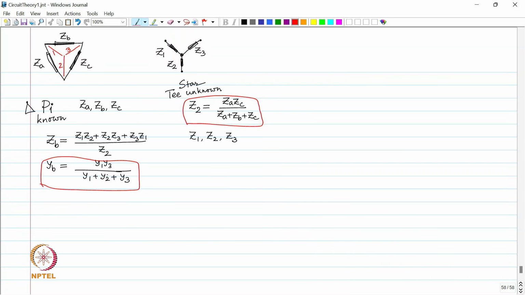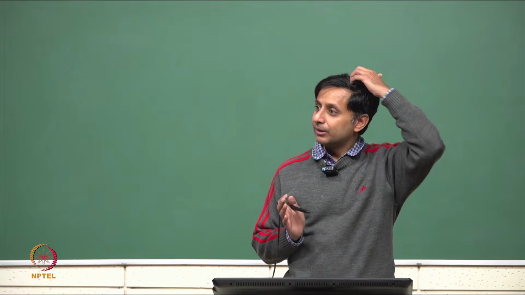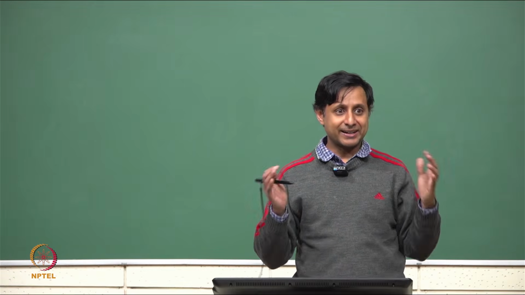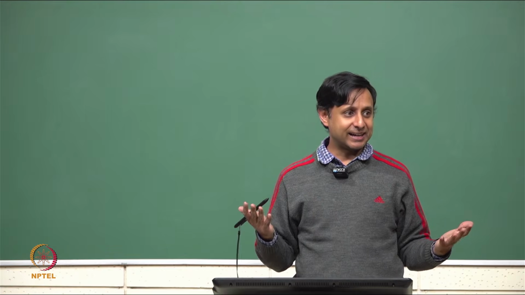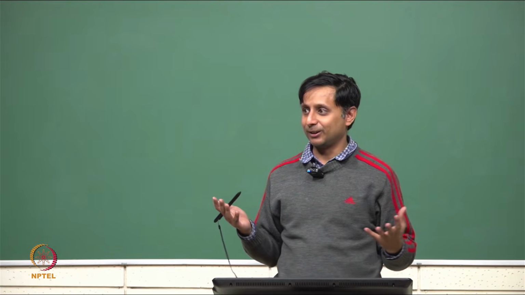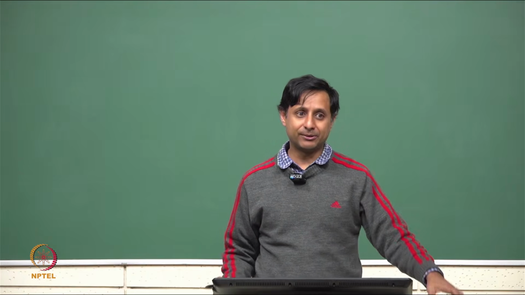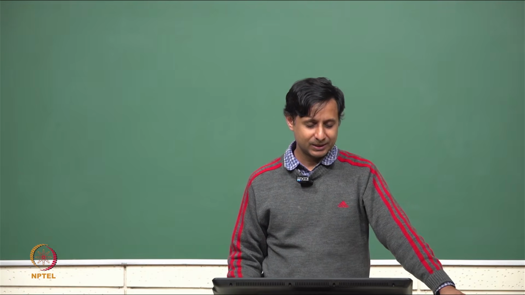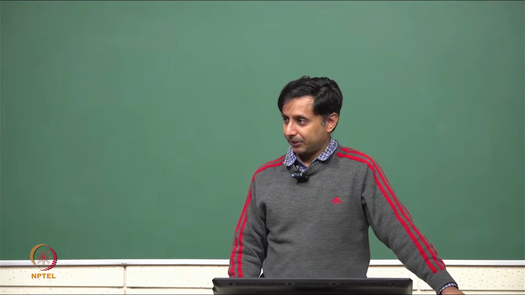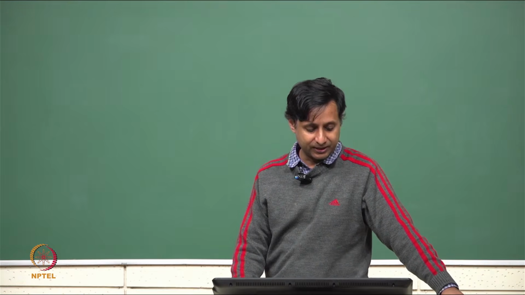The delta on the other hand, it appears that things are in parallel. And if you look at it, we used y parameters where conductances add. Conductances are adding and that tells you that there is a lot of parallelness in the y parameter in the pi network, in the pi or in the delta.